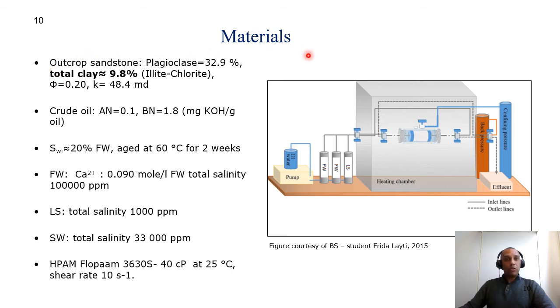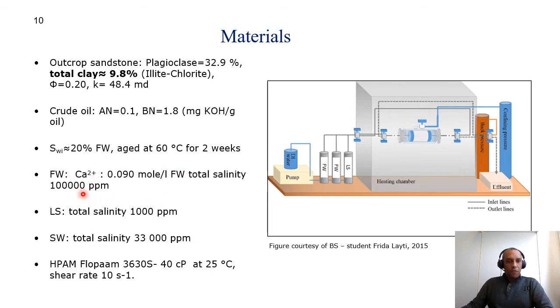So we took a dive into core flooding experiments, and we used sandstone material for this case, which we know is highly reproducible for parametric studies. The crude oil had a low acid number and a high base number. The initial water saturation was 20%, and the cores were aged at 60 degrees for 2 weeks.